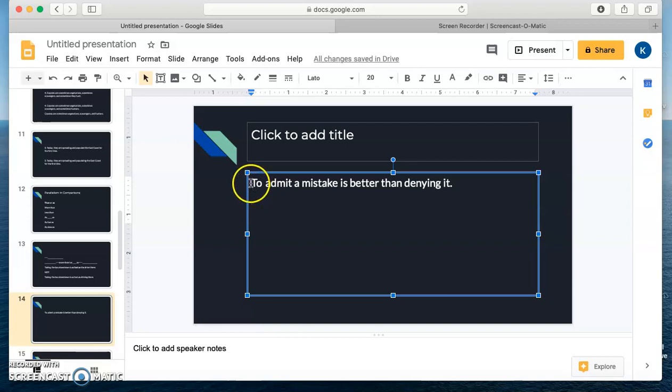However, here we have an infinitive. Remember, the infinitive was to plus your verb. And over here, we have our progressive verb, right? It's the actual doing of a thing and continually actively doing it.